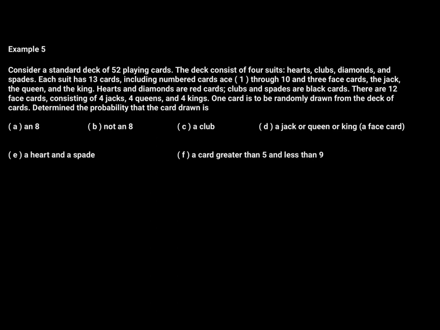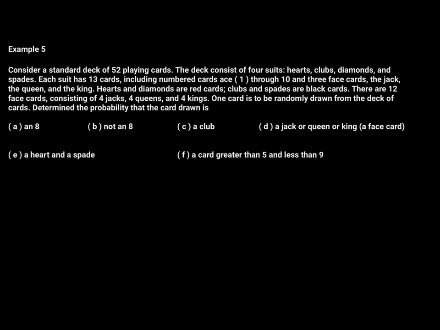Hearts and diamonds are red. Clubs and spades are black cards. There are 12 face cards altogether: 4 jacks, 4 queens, and 4 kings. Okay, one card is to be randomly drawn from the deck of cards. Determine the probability that the card drawn is an 8, not an 8, a club, a jack or queen or king, so basically a face card, a heart and a spade, a card greater than 5 and less than 9.